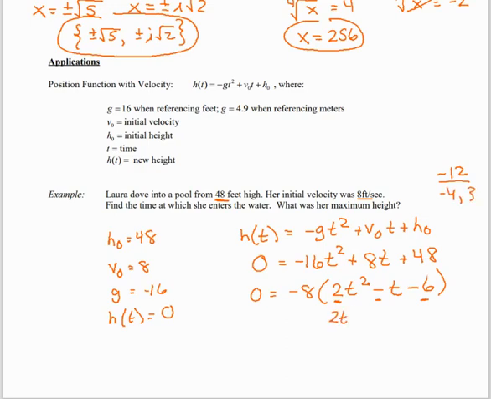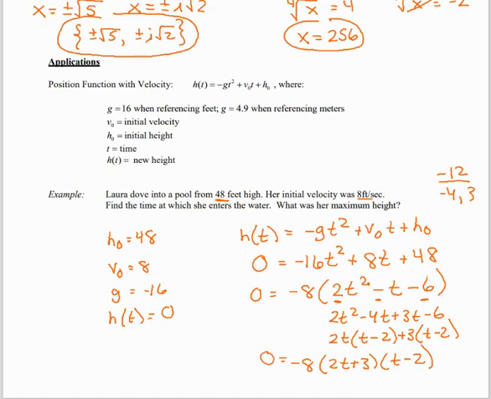So I'll have 2t squared minus 4t plus 3t minus 6. If I group those, I'll take out a 2t. I'm left with t minus 2. Take out a 3, left with t minus 2. So my factorization is the negative 8 to begin with, and then 2t plus 3 and t minus 2. When I set those to 0 to solve, I don't care about the negative 8 because that doesn't have a variable.